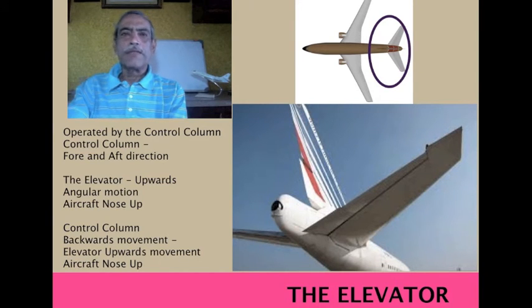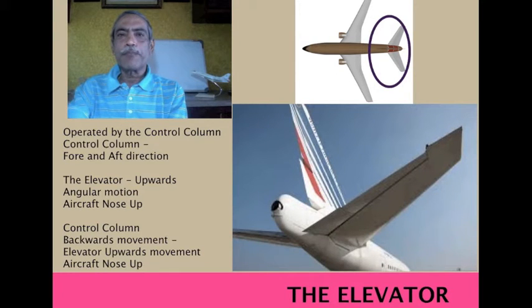In the last lesson, we were introduced to the control column, with which the pilot operates all the control surfaces from the cockpit. So let us learn more detail. The pilot operates the control column in the fore and aft axis, and up-down motion, which controls the elevator movement.